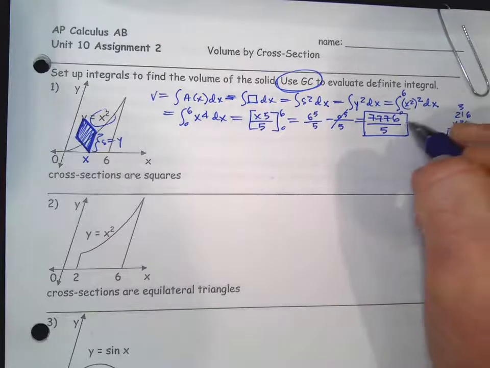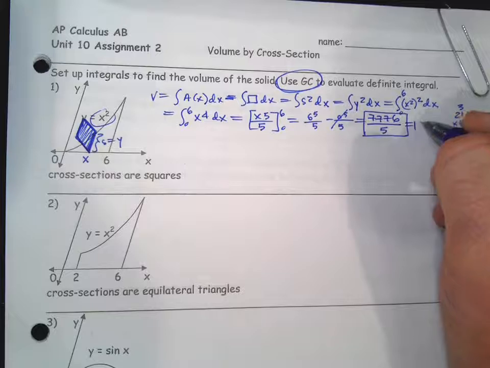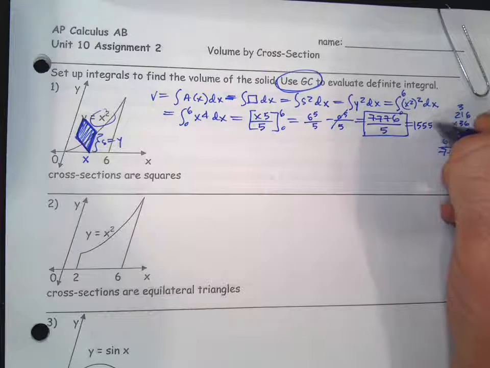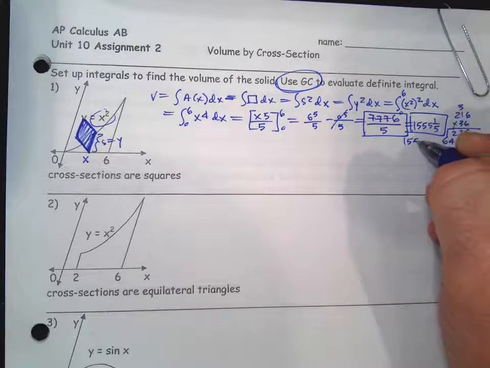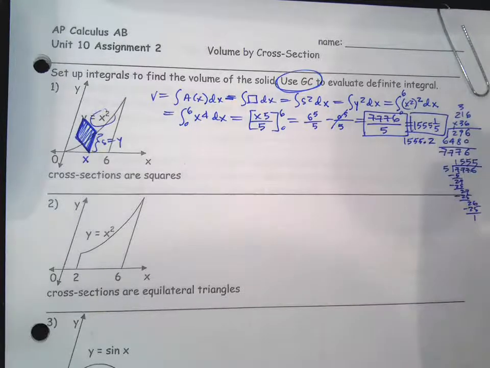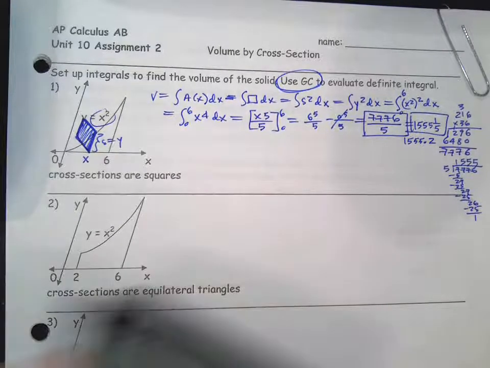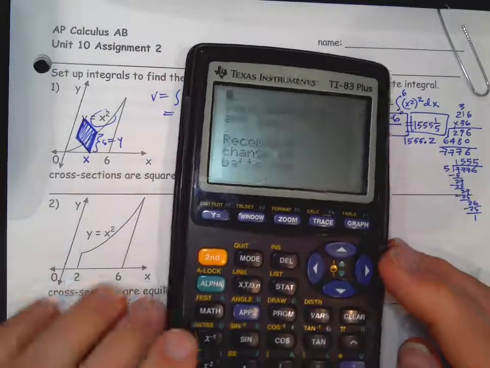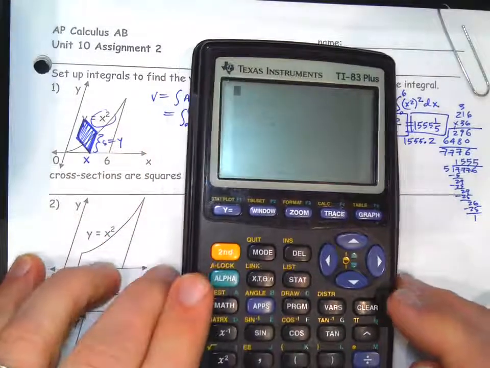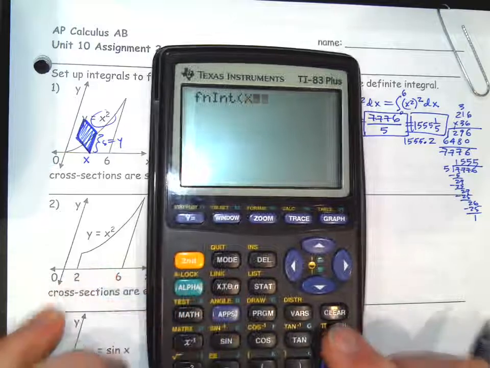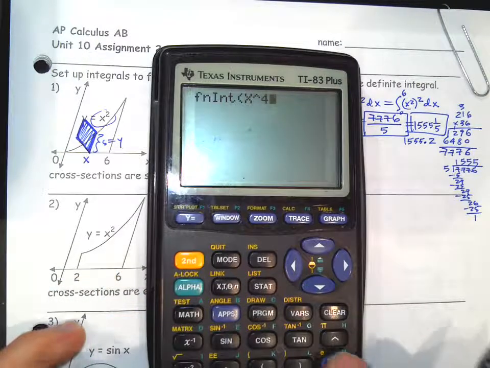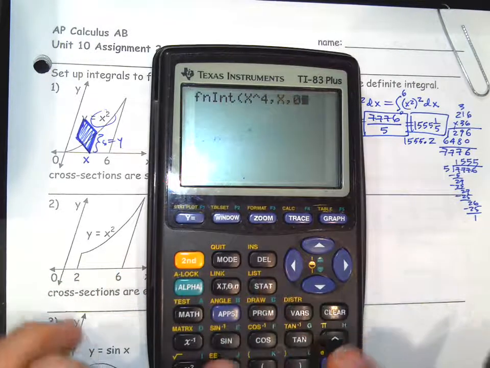So you could also write this as 1,555 and 1/5. Or 1555.2. Now on our graphing calculator, I'll try this out real quick. I would just go math 9 and I put x to the 4th, comma x, comma 0, comma 6.